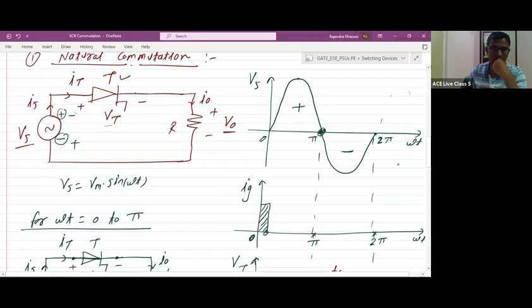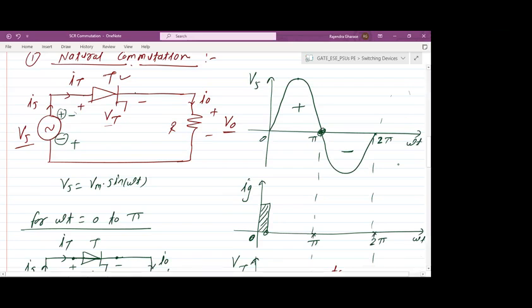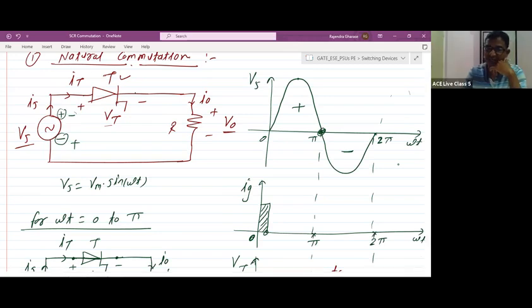Sir, for voltage commutation and other commutation, do we use this type of commutation practically? Yes, we are using these types of commutations, voltage and current commutation.